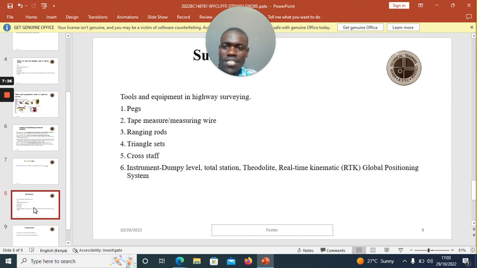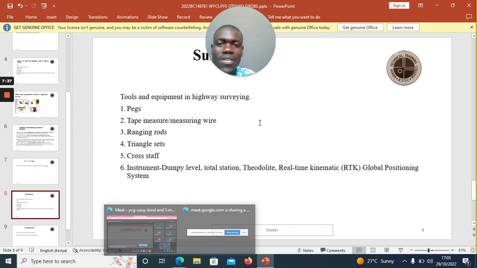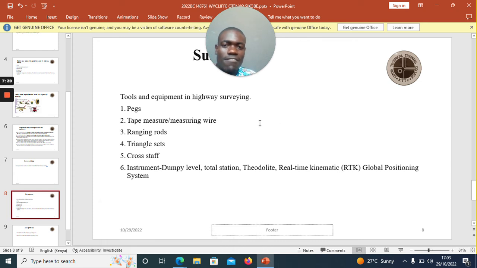In summary of this lesson, we can remind ourselves of the tools and equipment used in highway surveying. Juma Martin, what are some of these tools and equipment used in highway surveying? One of them is peg. Very good. Pegs. Agnes? Cross staff. Very good. Edwin? Triangle set. Very good.